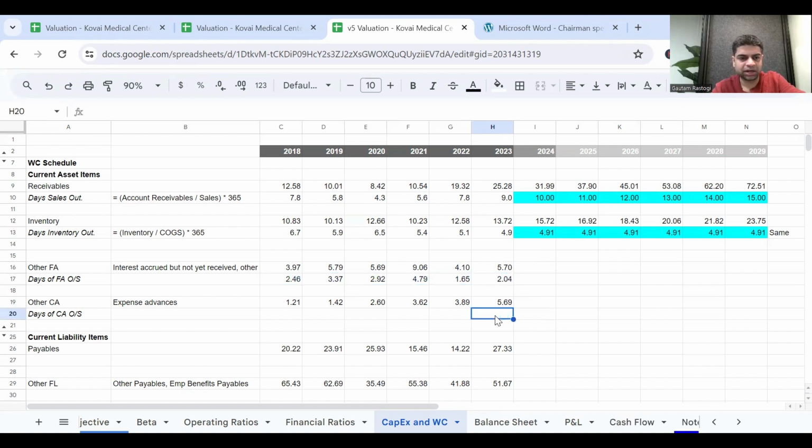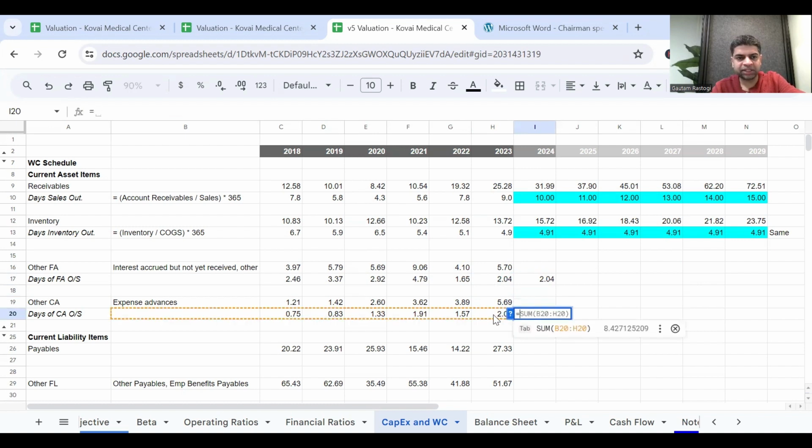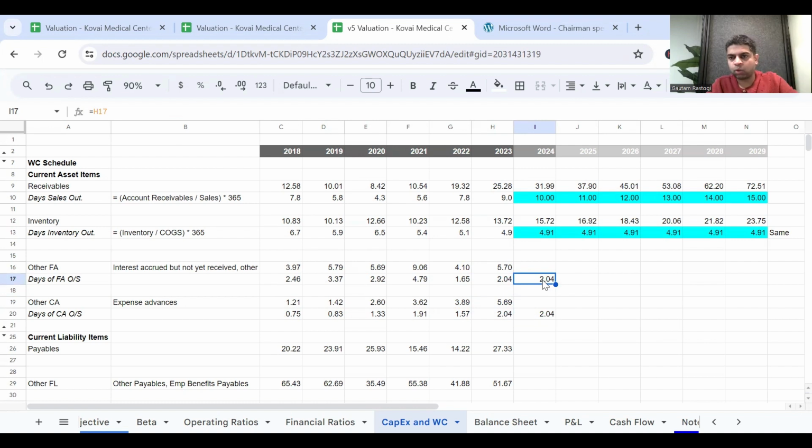Similarly, let me do it for other current assets as well. These are things like expense advances. Let me lock it so that I can use the same formula, and now let me drag it. In both cases, I'm assuming that these line items, other financial assets and other current assets, would be based off the numbers from last year.